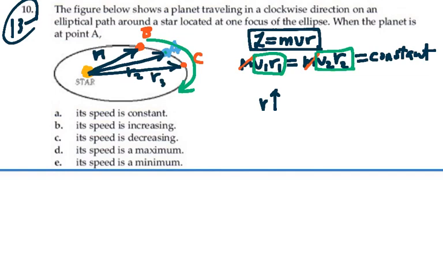So our radius is going up, which means that the velocity must be on its way down as we're proceeding through this point A. So as the radius is going up, the velocity is going down, such that the product of the two is a constant. Hence, the speed is decreasing as we are getting further away from the star, going clockwise around this orbit. So our answer is C.